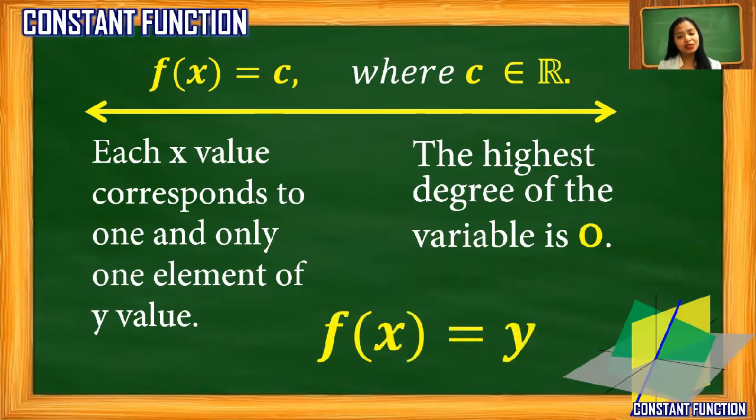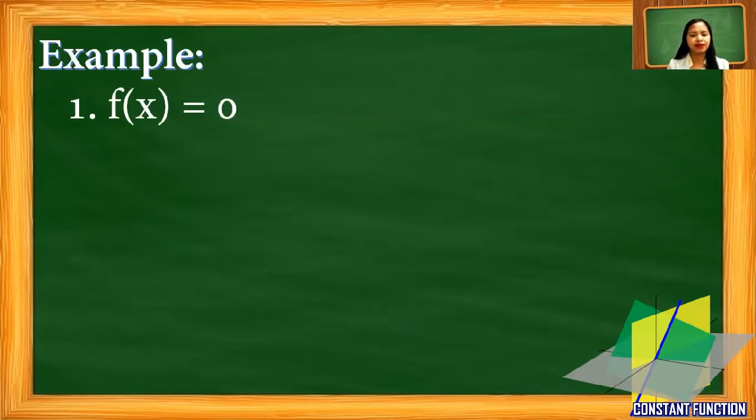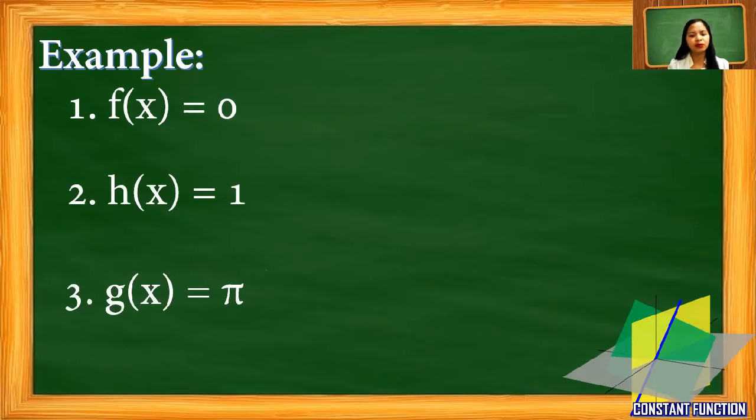Now, let us always remember that a function f(x) is always equal to y. Say for example, we have f(x) = 0, h(x) = 1, g(x) = pi, and we all know that the value of pi is a constant. That is 3.1416.